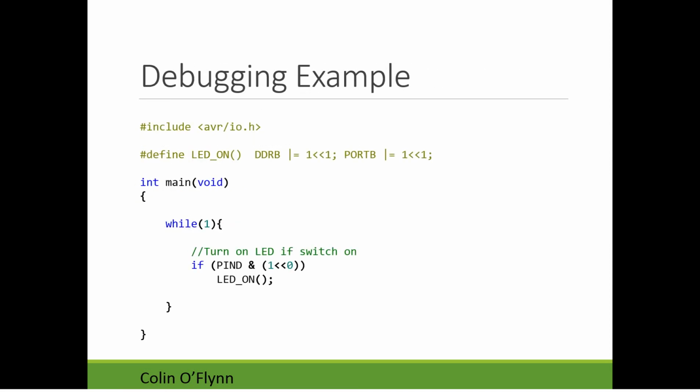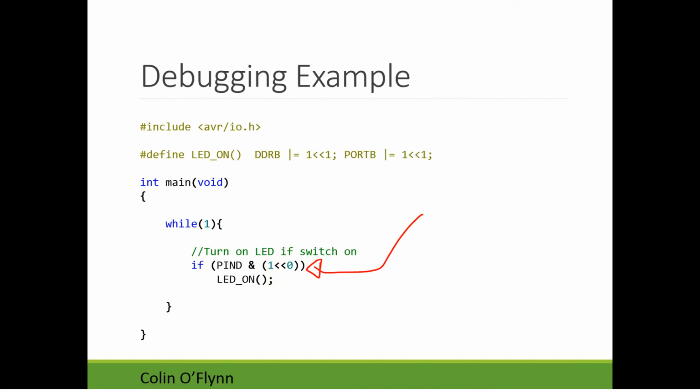To give you an idea of debugging a really simple program, let's look at this. I have this program here, and you see there's a while loop. On the top we have this if statement, and it says if PIND, so I'm reading in the value of the port register on the AVR, and I'm checking if bit 1 is set.